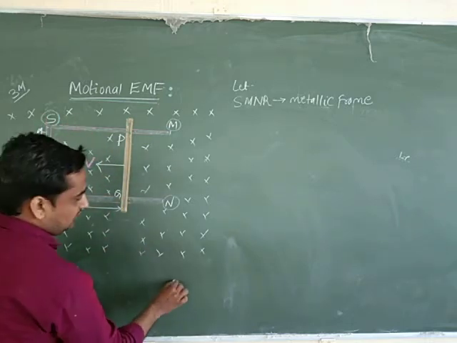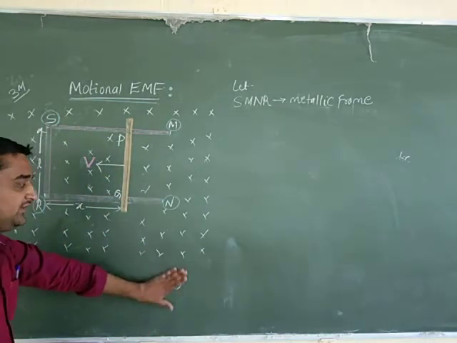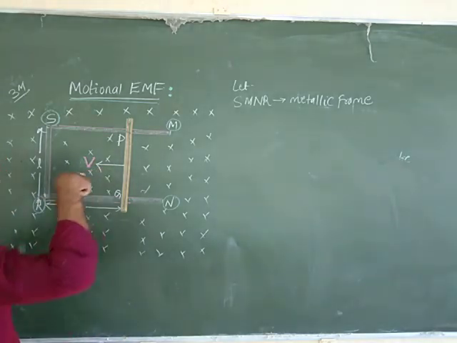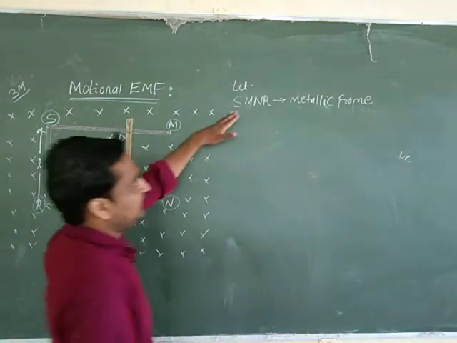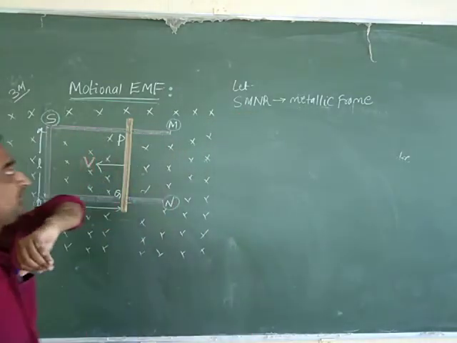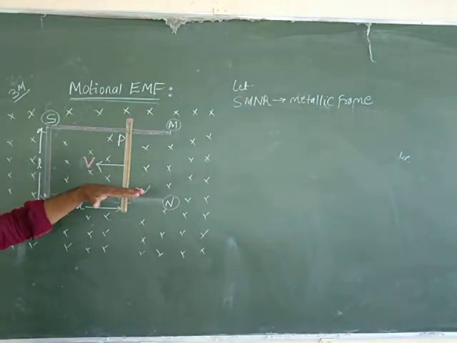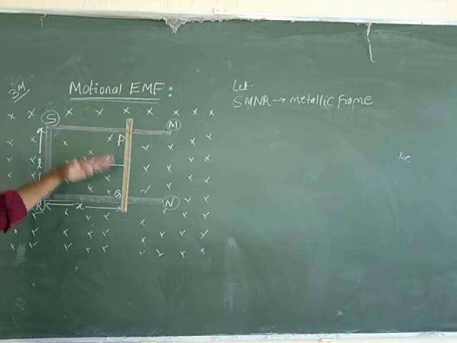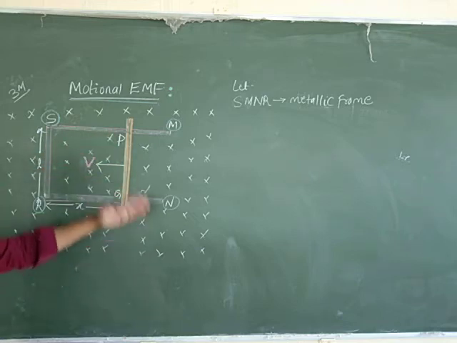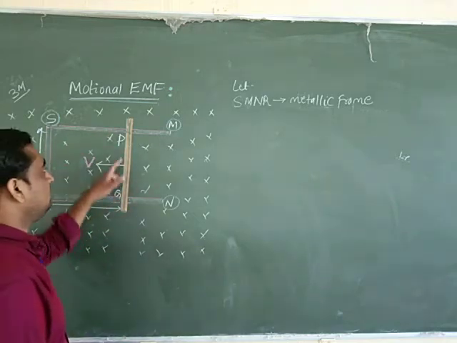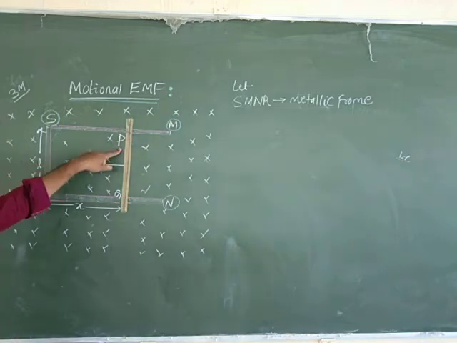The cross symbols shown indicate that the magnetic field is perpendicular to the plane, right? So SMNR is a metallic frame placed in a uniform magnetic field, and the magnetic field is perpendicular to the plane. Now, one more metallic rod PQ.